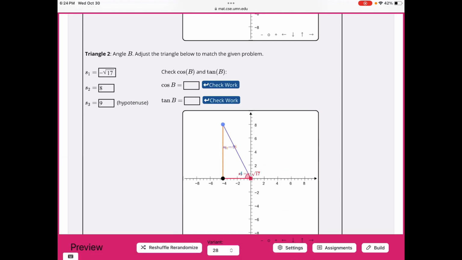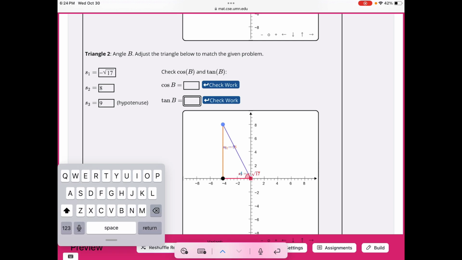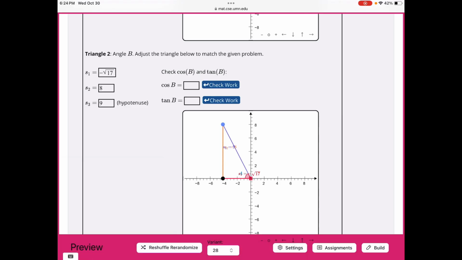So great, my triangle closes. I just care about the tangent here. So the opposite over the adjacent is going to be 8 divided by square root of 17.